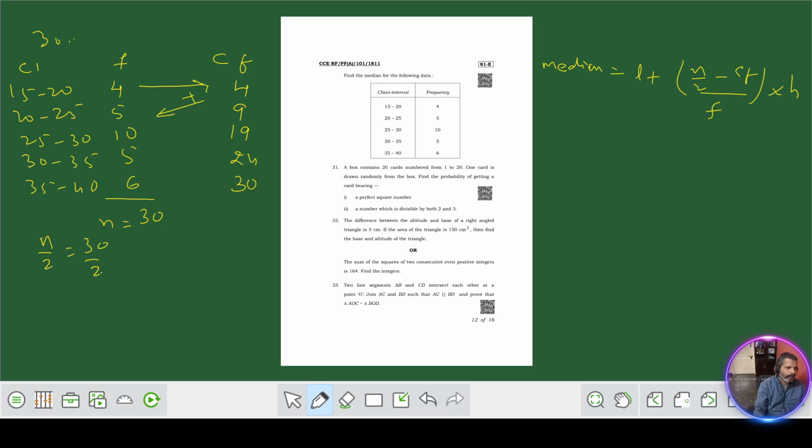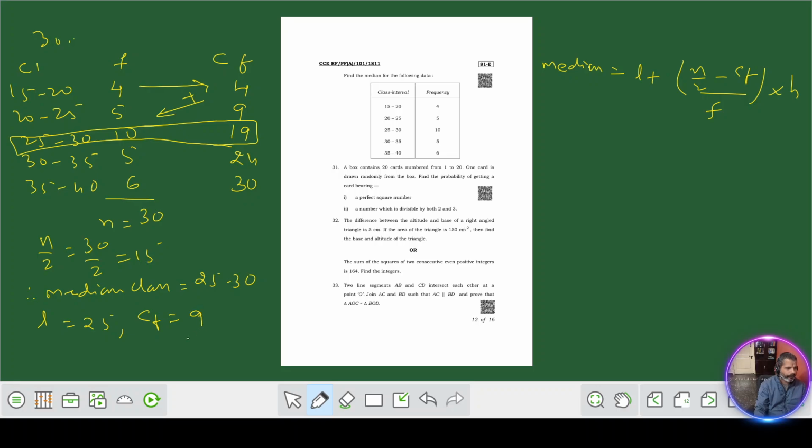N by 2 is 30 by 2, 15. Therefore, median class is where n by 2 lies, in this one. Median class 25 to 30. Therefore, L is 25, lower limit of the median class. Next, what is CF?